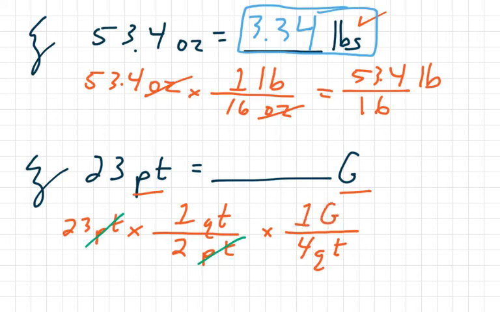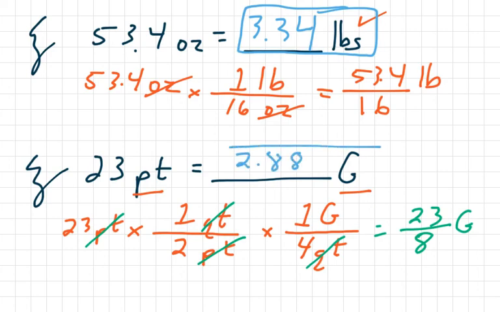So again, quarts now cancels. And I can just multiply straight across the top, straight across the bottom, and I get 23 divided by 2 times 4 is 8 gallons. So our final answer, again, I'll put it in blue, works out to 2.88 gallons. So 23 pints.